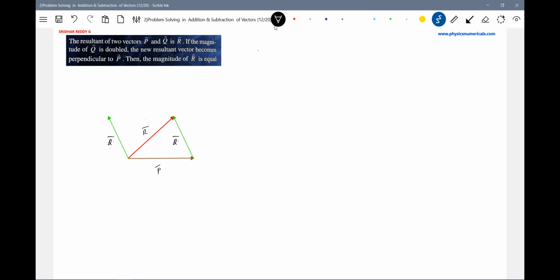First we'll write some equations. We'll see what equations we can write. What is the angle between the vectors? This is the angle between the vectors, theta. So what is the equation? You can write R square equals P square plus Q square plus 2PQ cos theta.